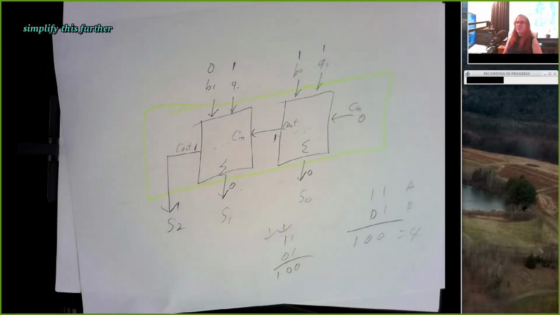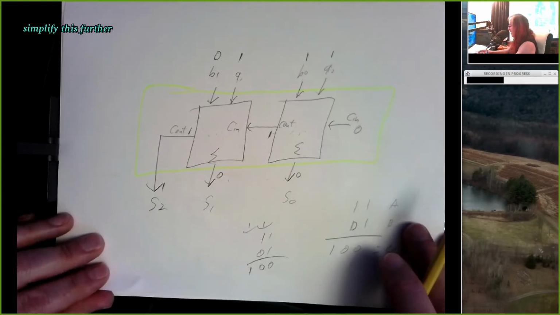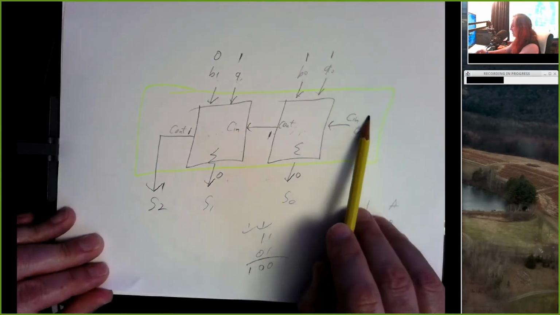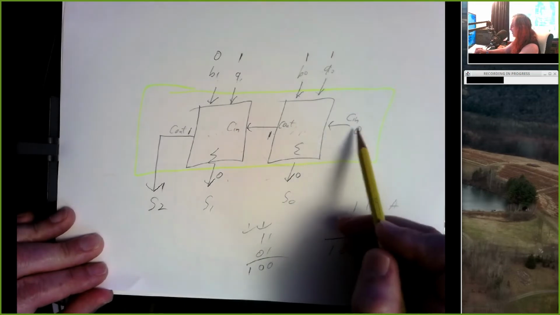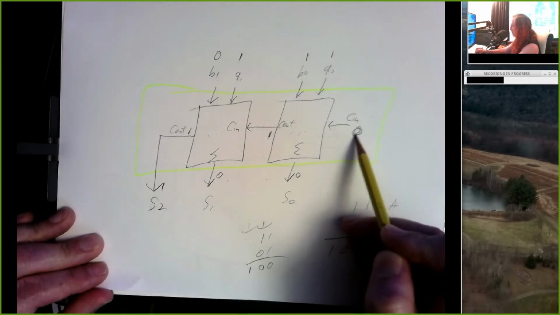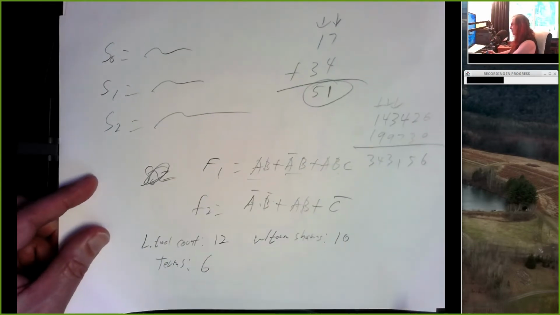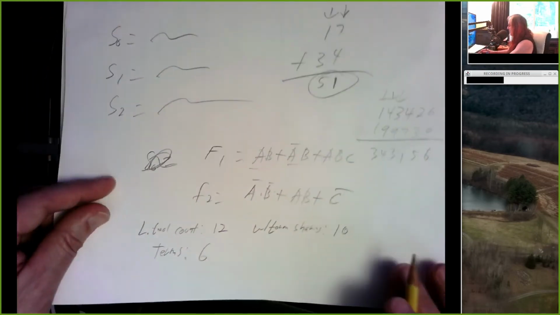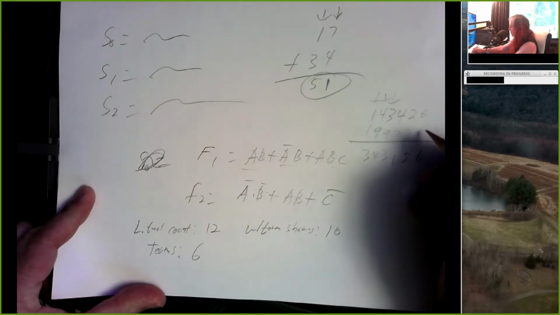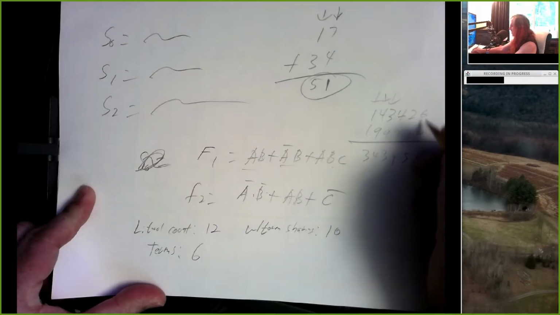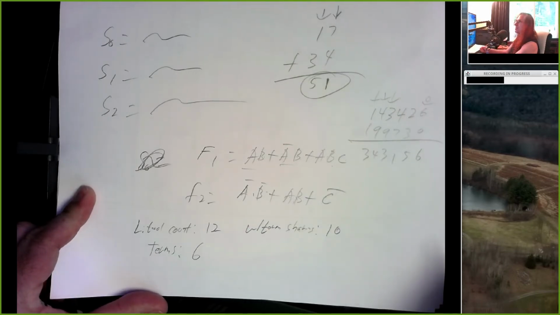So we can simplify this further. And we can simplify it by the observation that this first full adder, the carry in, is always a 0. Because when you add numbers, whether you're doing it with decimal numbers or in binary, the understanding is that for this first digit that we add together, there's no carry that we have to feed into it.